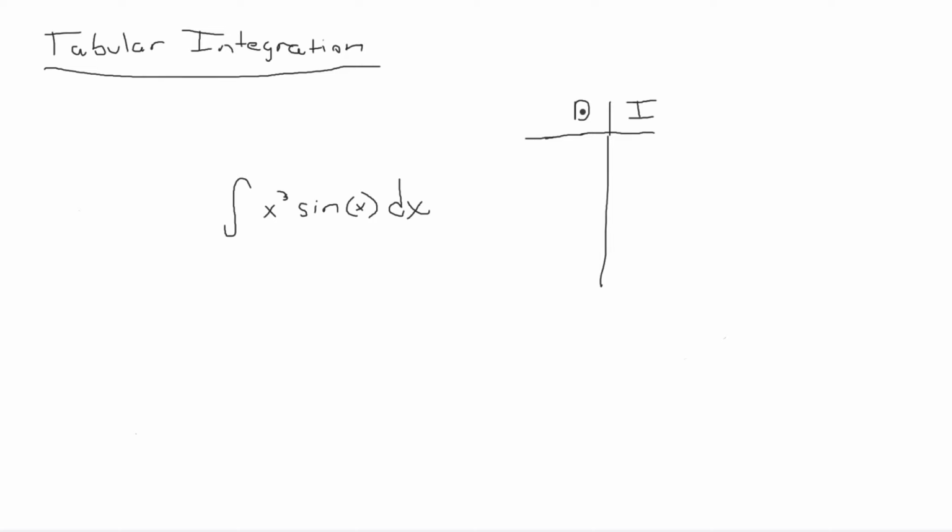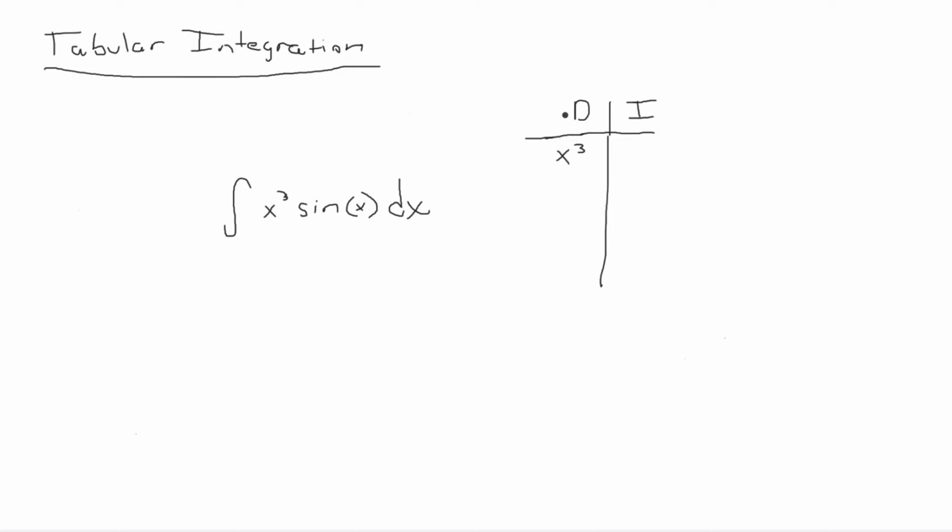Essentially you want to get your derivatives down to 0 and your integrals will just follow. So you'll see it will make more sense. So we'll put x to the third in the derivative column.